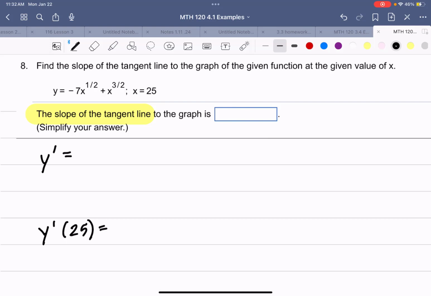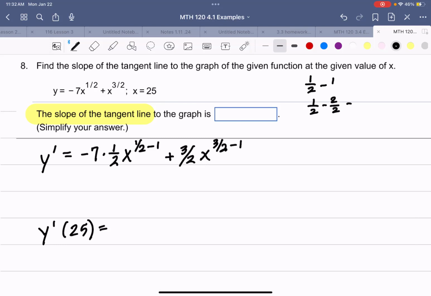So we're going to use our power rule. Negative 7 times 1/2 x to the 1/2 minus 1 plus 3/2 x to the 3/2 minus 1. Now 1/2 minus 1, you'll see that a lot. 1 with a denominator of 2 is 2 over 2. That's always going to be a minus 1/2.